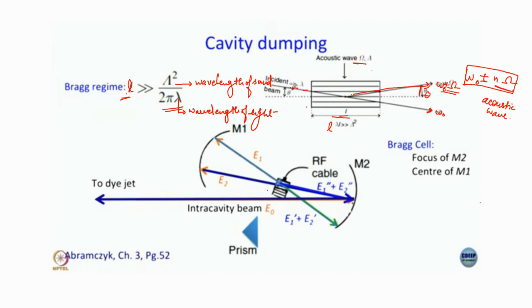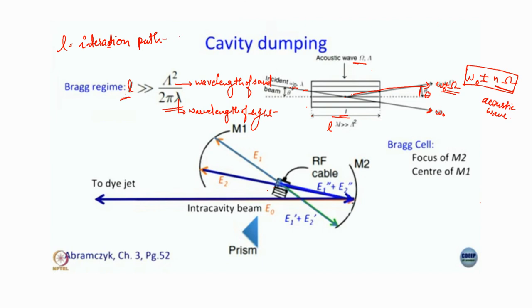If you want to follow this entire procedure, the L should be greater, and that L can also be called the cavity length or the interaction path. So L is the interaction path of light, and according to the Bragg regime, it should be longer.